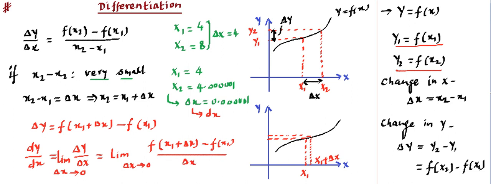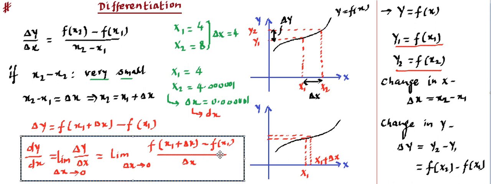So this is how this particular expression is defined. Whenever we have this kind of expression, we call it differentiation. So differentiation, which is denoted by dy upon dx, is basically delta y upon delta x, keeping this delta x as small as possible. That means it's a limit tending to 0.